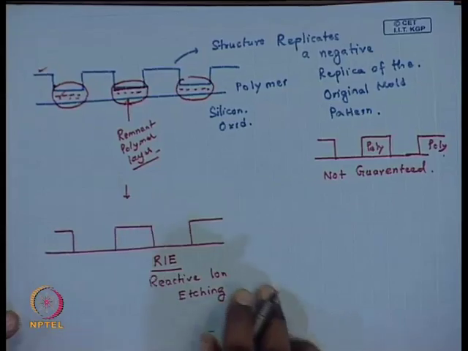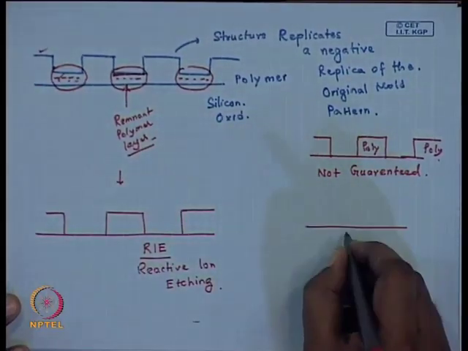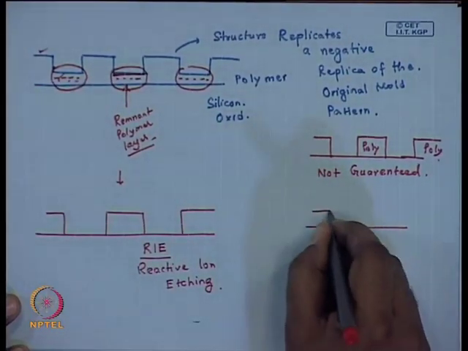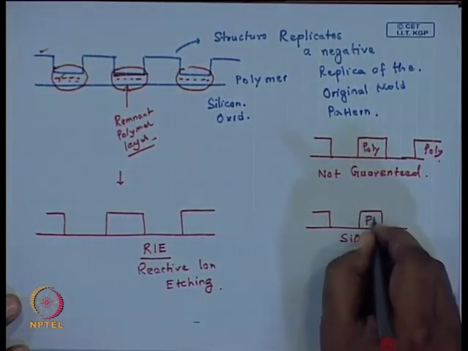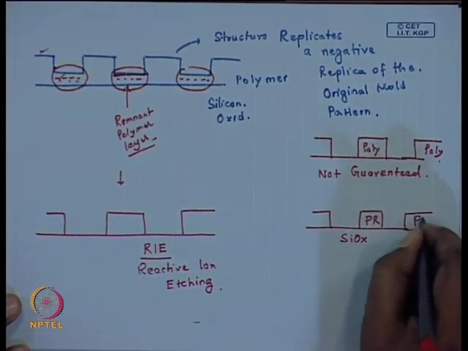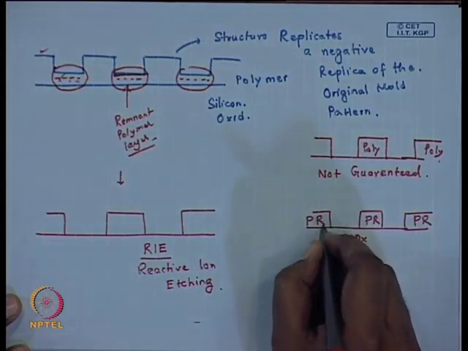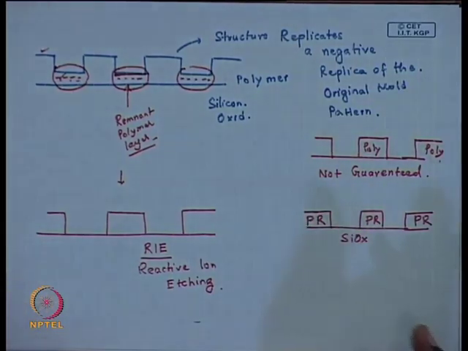So, you see, if you now compare with photolithography, I am repeating time and again comparing with photolithography, because that is something which you already know and we have discussed in somewhat detail.